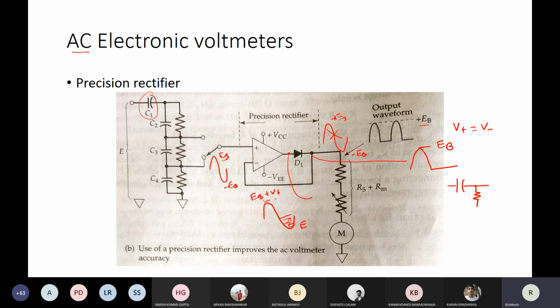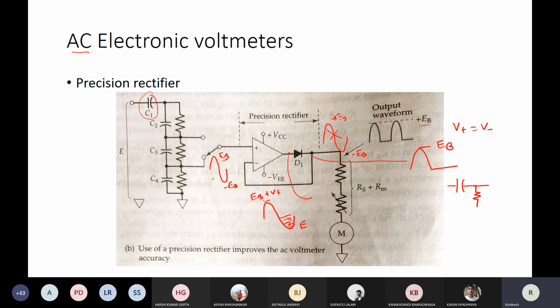This is the high pass filtering mechanism, and these capacitances C2, C3, C4 are basically utilized to nullify or compensate the effect of input capacitances associated with the op-amp terminals. We'll not go into details of that.